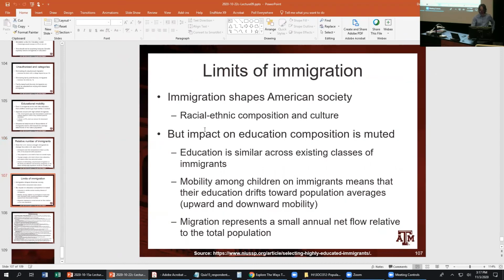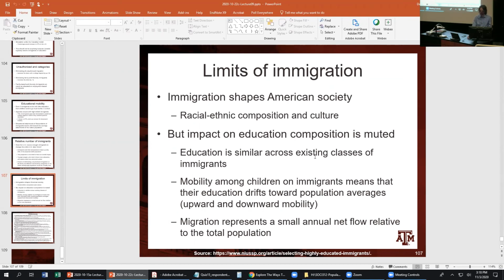And the main idea is that immigrants, when they come to the US, do change the composition by race, ethnicity, and also the culture, because they integrate, they bring new food, they bring new habits, and so on. But the impact on education composition is really zero.